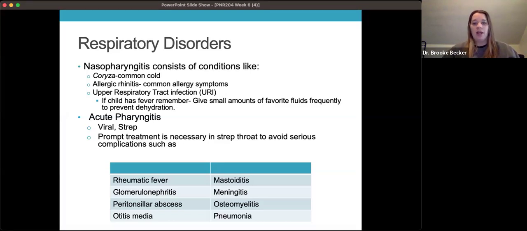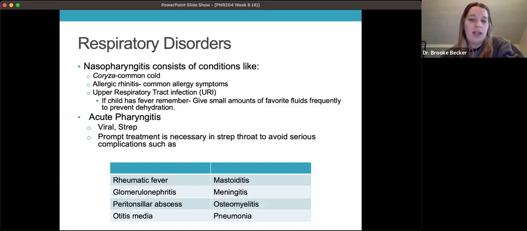So if kids test positive for strep throat, they need an antibiotic, because if they're not treated with an antibiotic, then there can be a lot of serious complications from group A strep in the form of rheumatic fever, so they can have joint pain, joint inflammation, redness, swelling of multiple joint spaces, glomerular nephritis, so they can have effects on their kidneys. They can get peritonsillar abscess from strep, which can obviously affect their breathing.